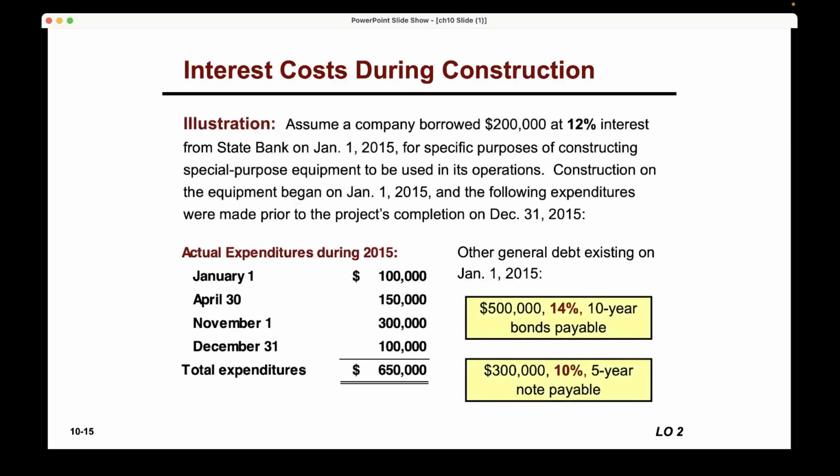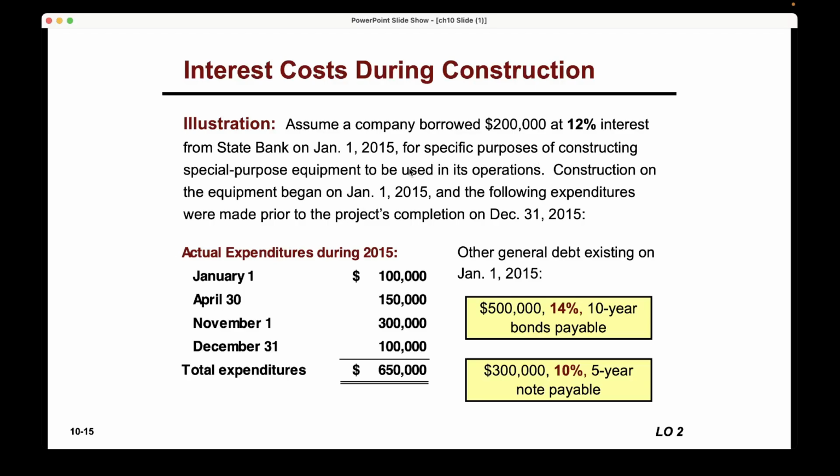All right, so to give a clearer illustration, we have an example here where we will calculate the amount of interest to be capitalized during the construction of specific purpose equipment.